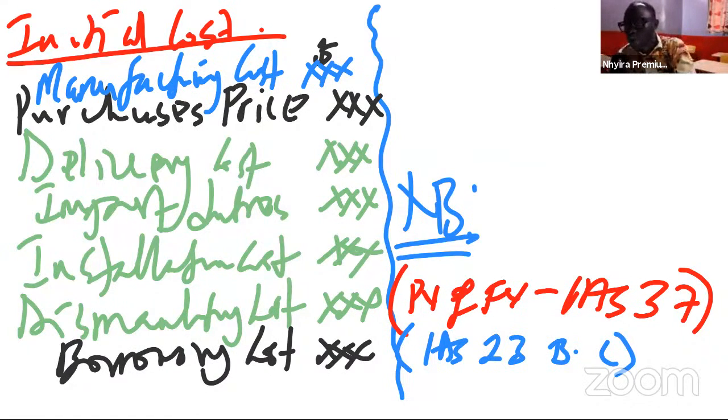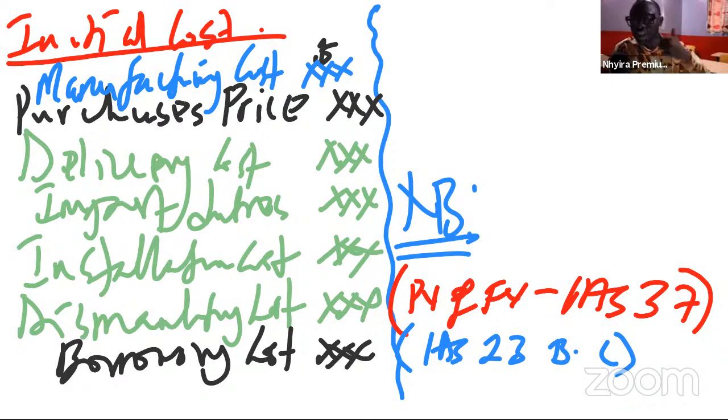Then if the asset requires removal, dismantling at the end of its economic useful life, we discount that into present term using the cost of capital of the company, and we account for that in accordance with IAS 37, provisions, contingent liabilities, contingent assets.